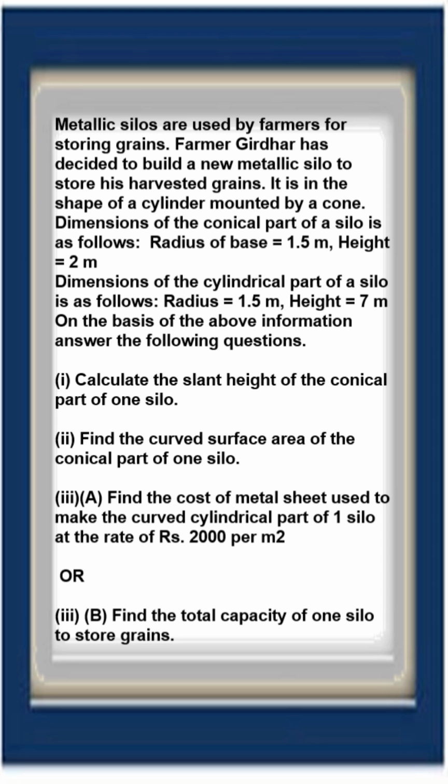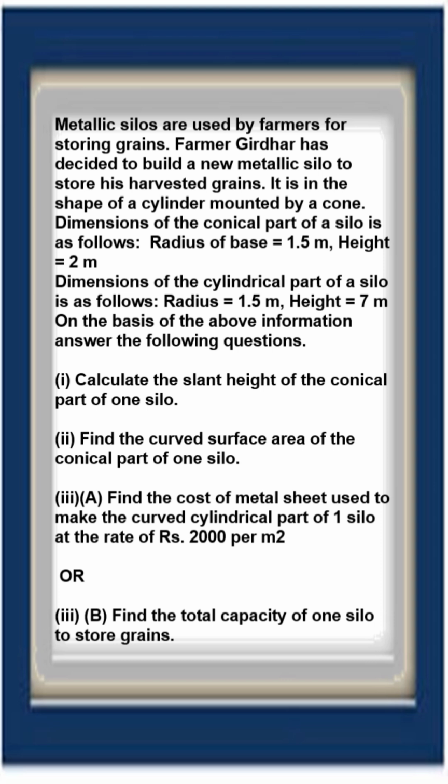Dimensions of the conical part of the silo are as follows. Radius of the base is 1.5 meter, height is 2 meter. Dimensions of the cylindrical part of the silo are as follows. Radius is 1.5 meter, height is 7 meter.